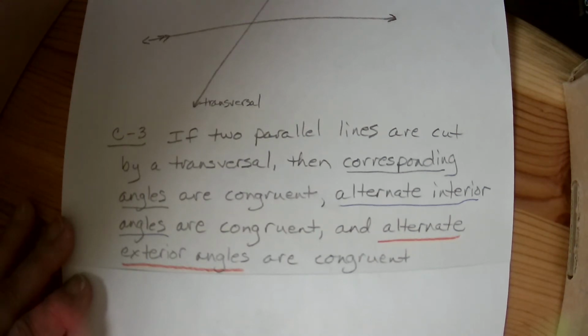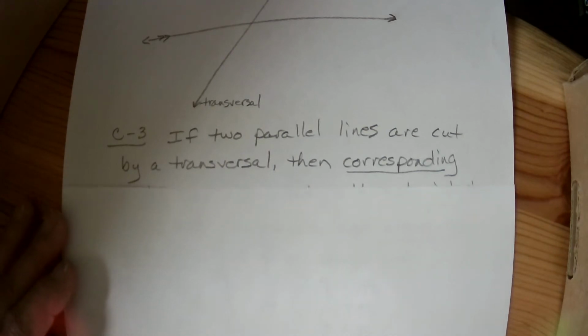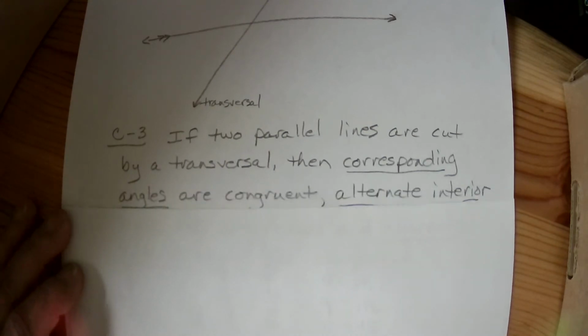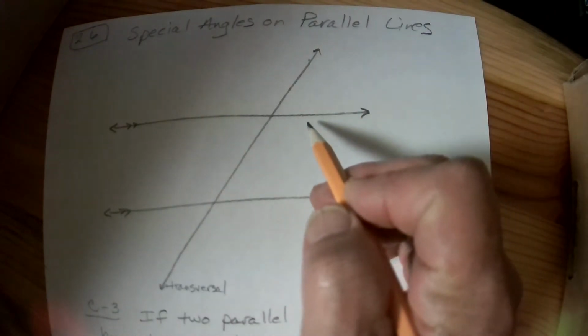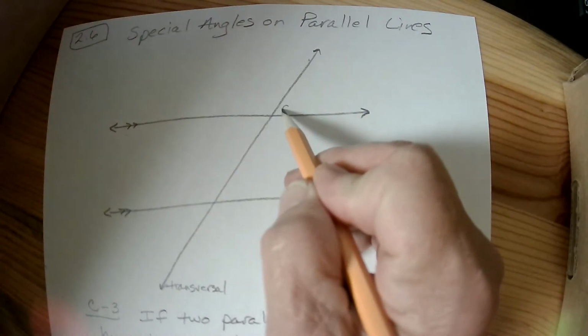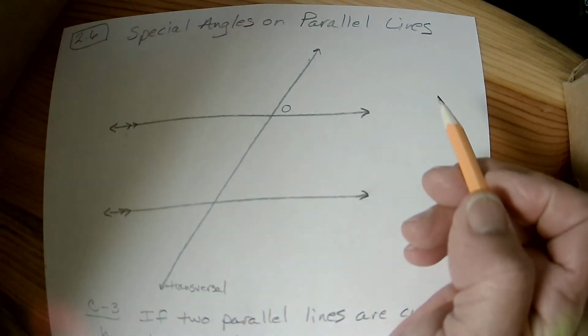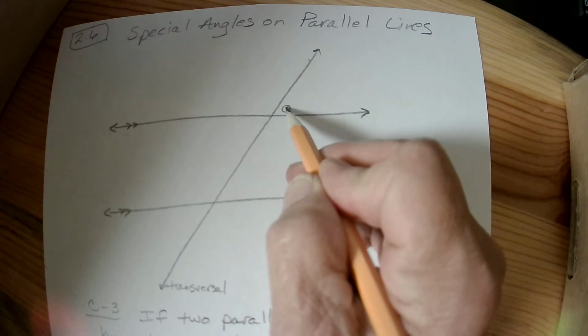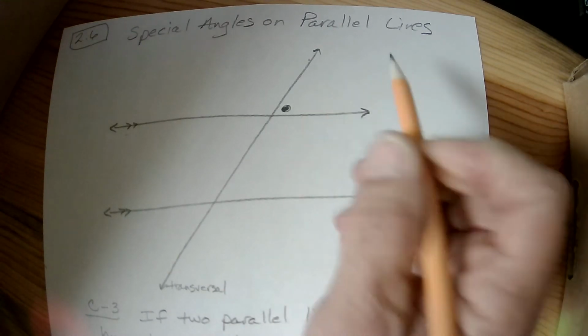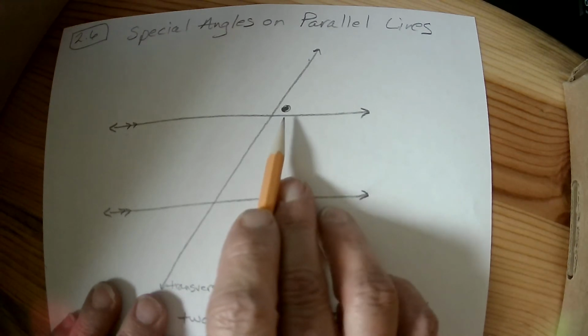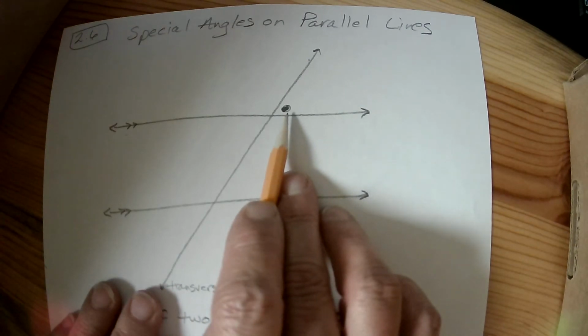Well, that's kind of a mouthful. Let's start with this very first one, corresponding angles. Let's look at this one right here. I'm going to have that be an open circle. Yeah, let's close it so we don't think it's a 0. Okay, so notice where this closed circle sits.